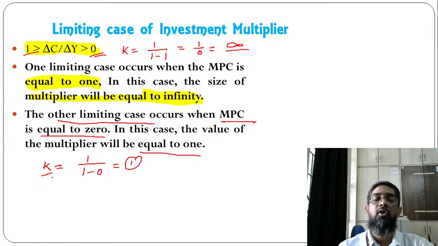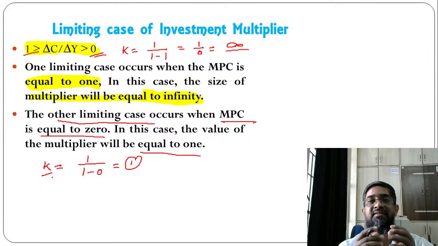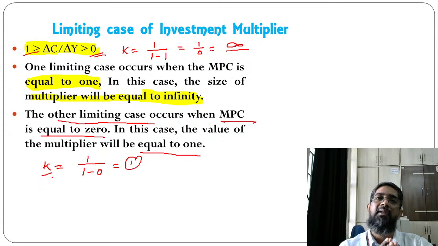Because all the earning that takes place as a result of the increase in investment is getting saved, nothing is consumed, right? What is the principle actually behind this investment multiplier?